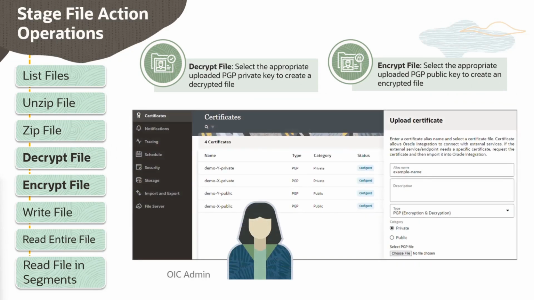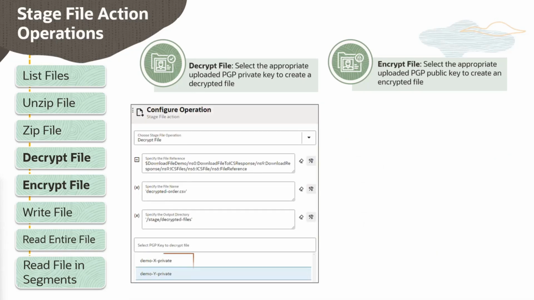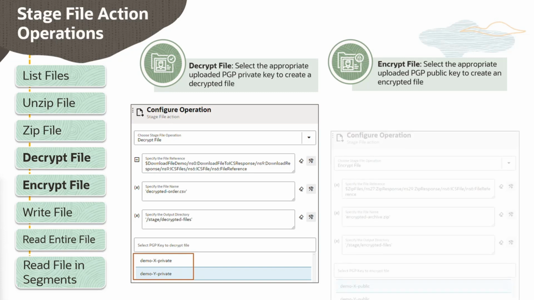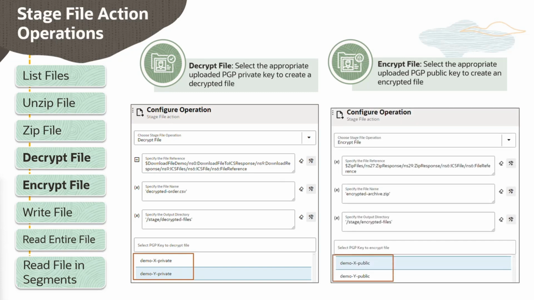But prior to you configuring either of these operations, someone with the OIC Service Administrator role must first upload the appropriate public or private PGP keys on the certificates page in the OIC Service console. To decrypt a file, of course, you'll need to select the private key, and to encrypt, you'll simply choose the appropriate public key certificate.